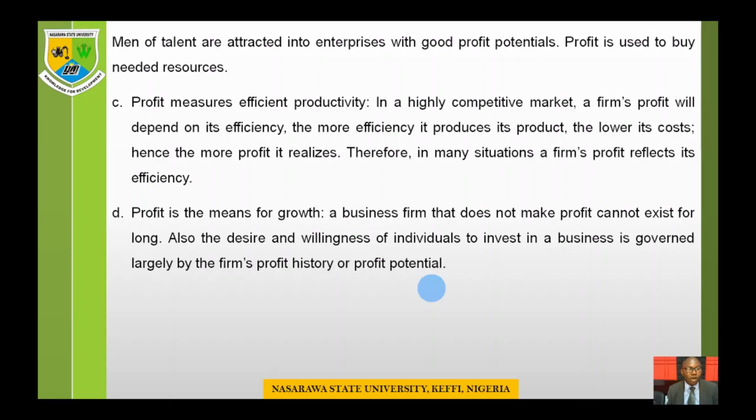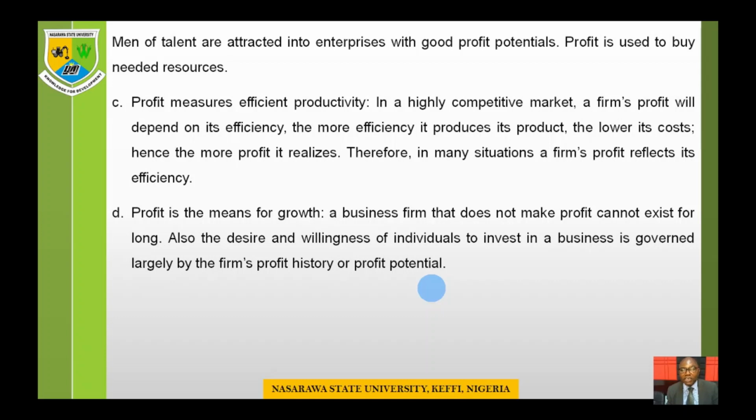Next one, profit measures efficient productivity. In a highly competitive market, a firm's profit will depend on its efficiency. That is, what volume of profit the firm can make is a function of its efficiency, and efficiency has to do with cost minimization, production at the least cost.